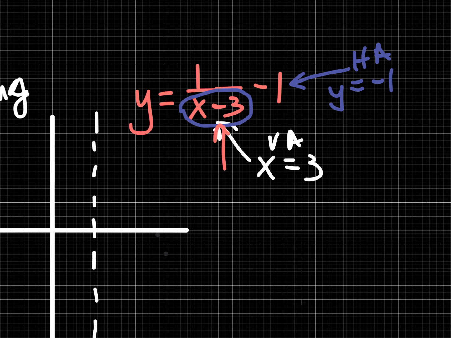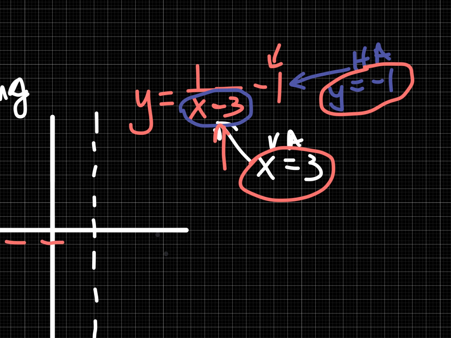That's another theme about that. On the inside, it's like the opposite of what you would think. So I used regular 3, not -3. And here, you trust it, and you use exactly what you see right there, because that's which way it got moved. It got moved down 1, so the asymptote that used to be right on that x-axis got moved down 1.